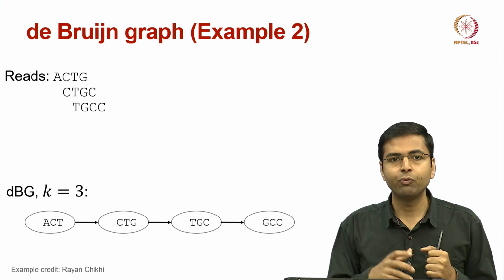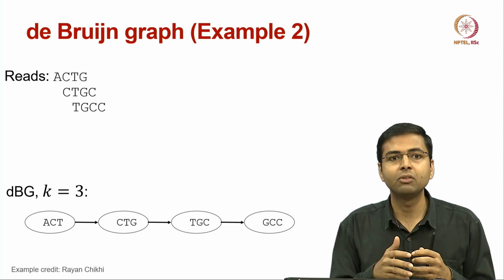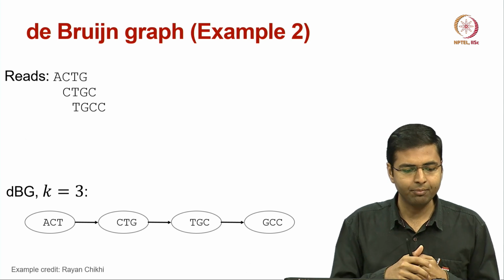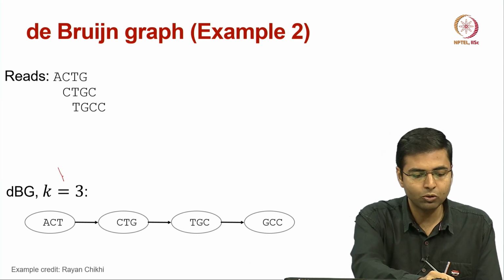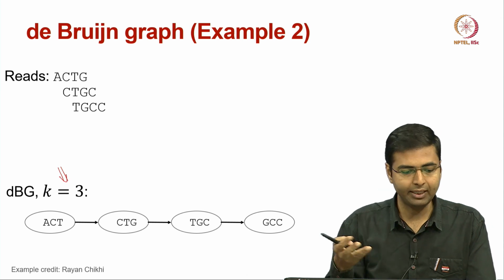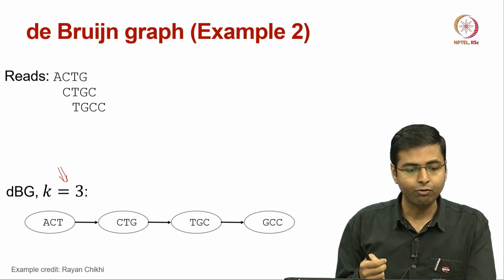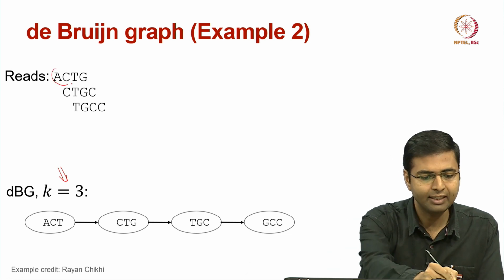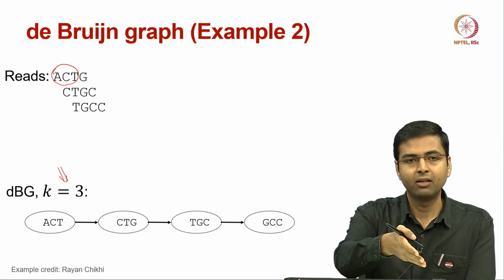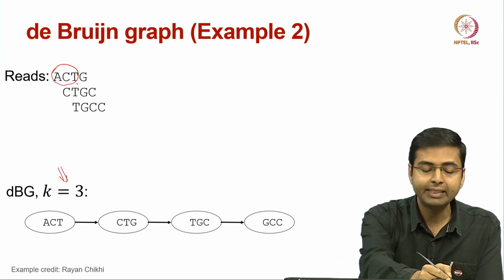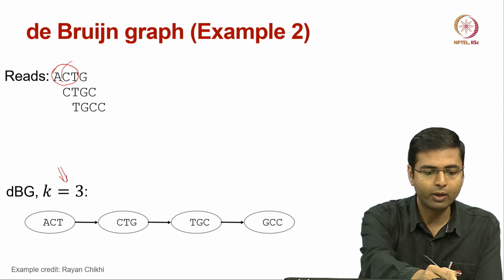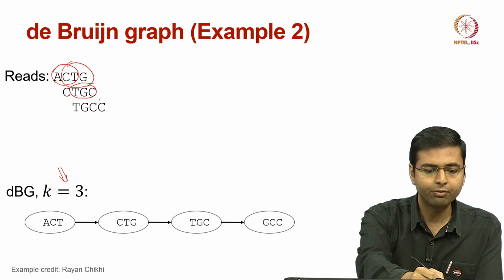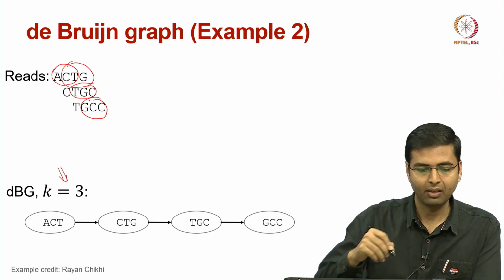Let us see a second example where you have 3 reads as input. Again assuming the parameter k equals 3, for this particular example you can see that we have 4 vertices: ACT, the first k-mer that we observe in the read set, then CTG, then TGC, and then a 4th vertex GCC.